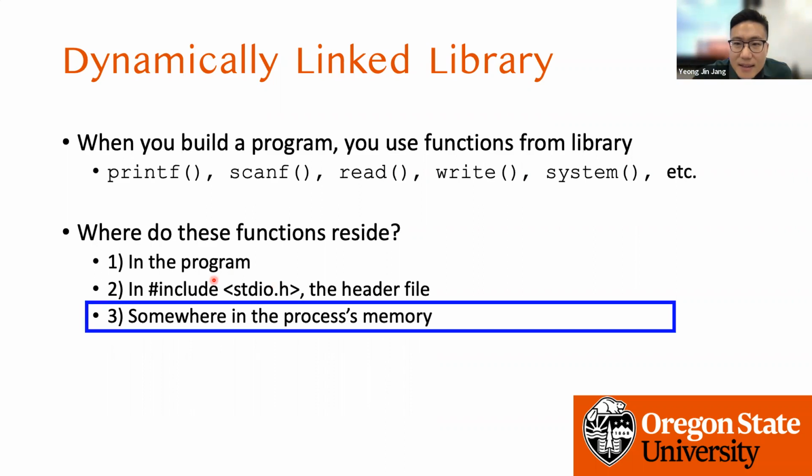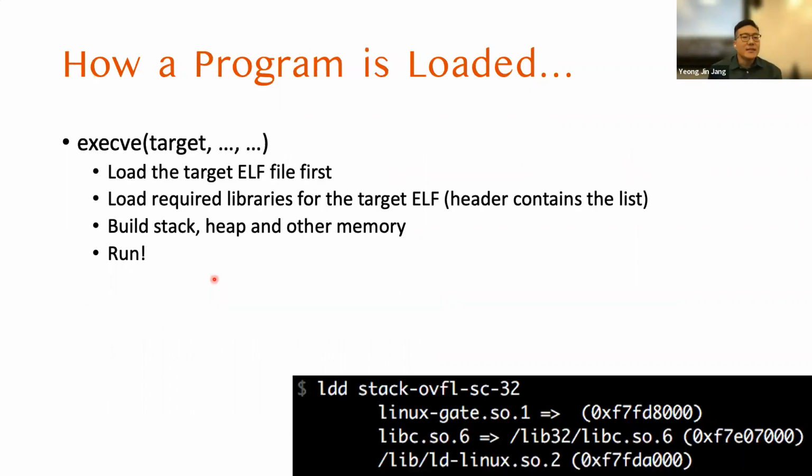Let's take a look at how a program is loaded. Whenever you execute a program, not about the shellcode or anything, just executing the program from the shell, by the command line, or with a process in pwntools, the operating system kernel gets the request for execve. Then it loads the target ELF binary first, and parses the binary to see what kinds of libraries the operating system needs to inject into the program space.